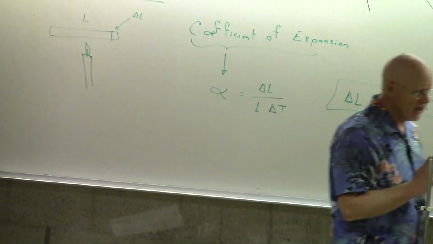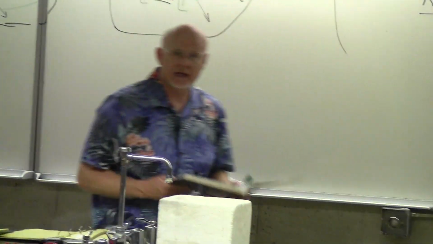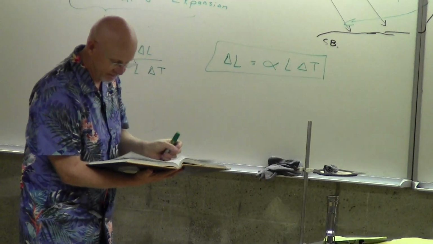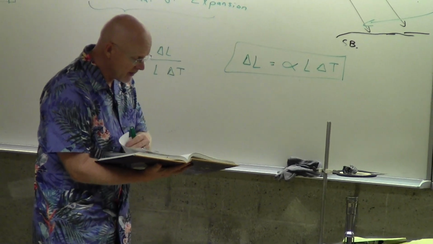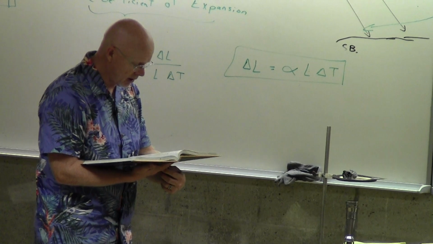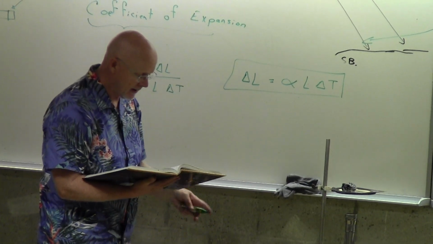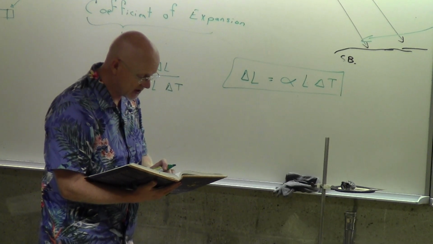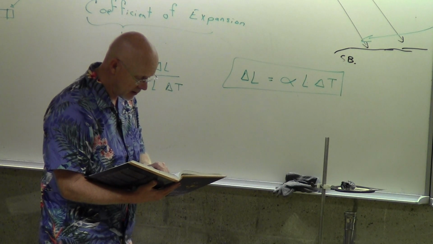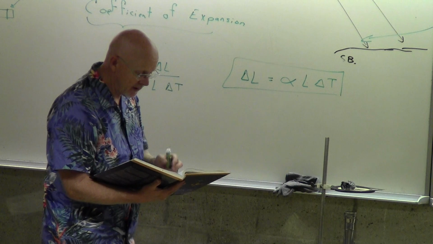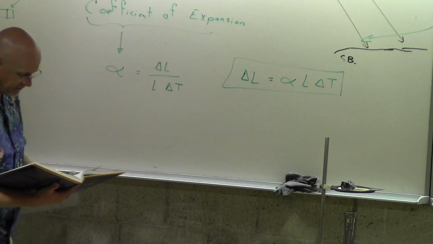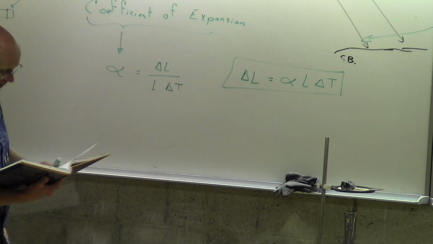But I did want to say that your author doesn't give you a chart. In the past, I've had students struggle on a homework problem because they need the number for, I think it's concrete. Let me see here. No, it's steel, I think. Coefficient of expansion. We obtain the following relationship. Somewhere in here, he says, here's the bridge.